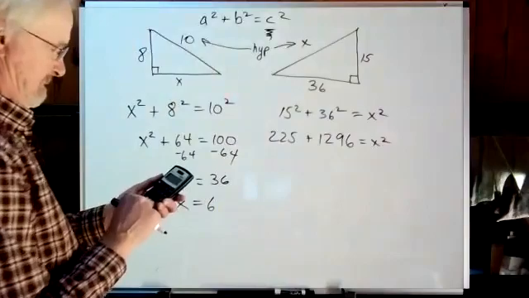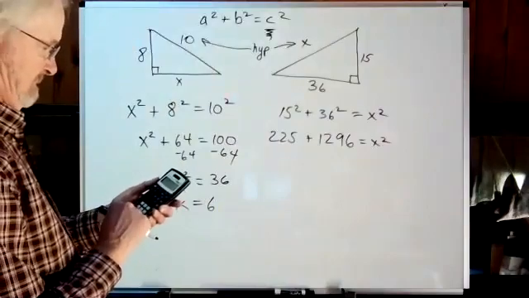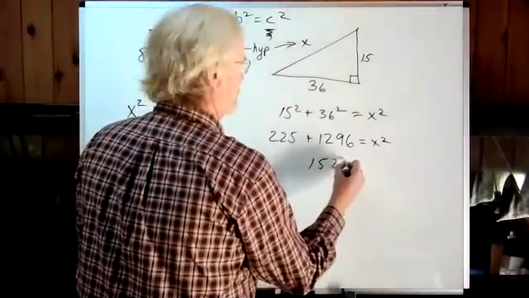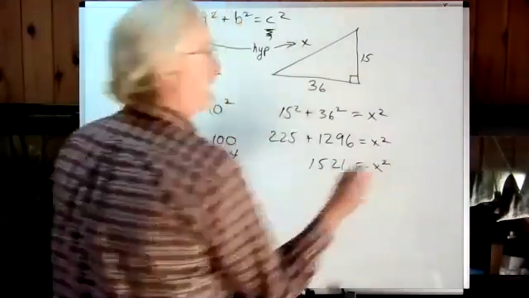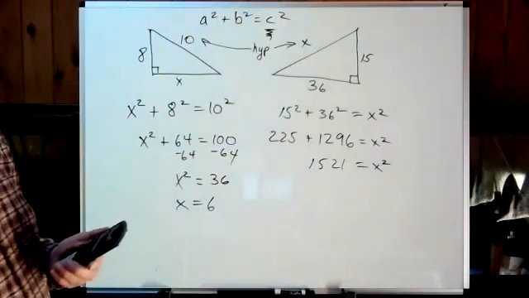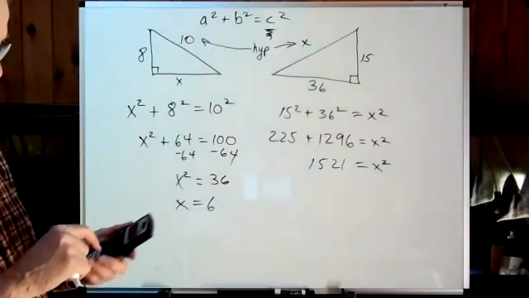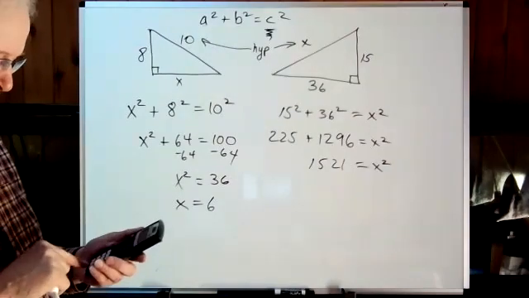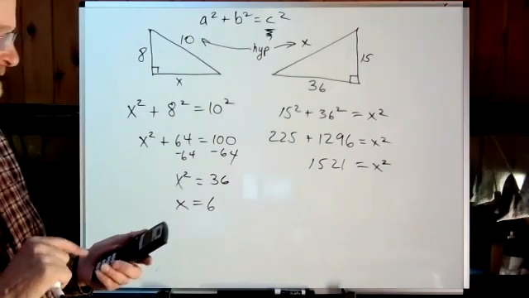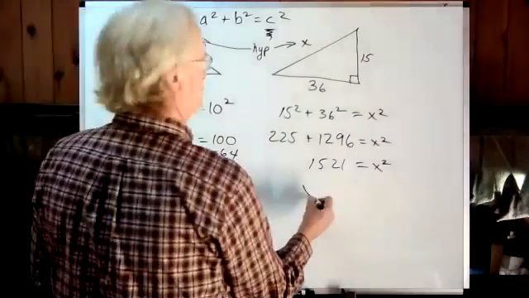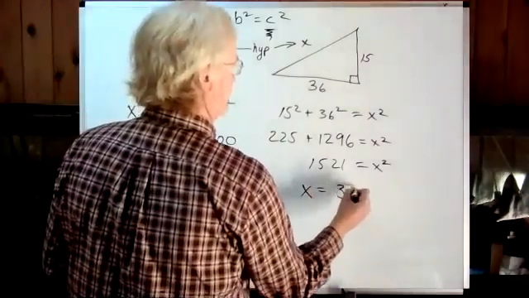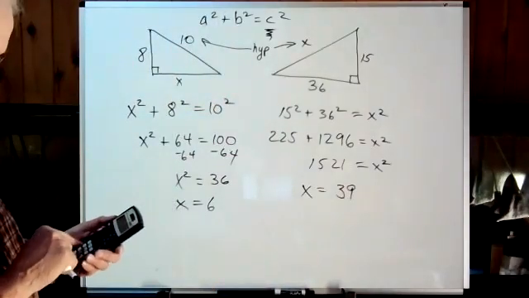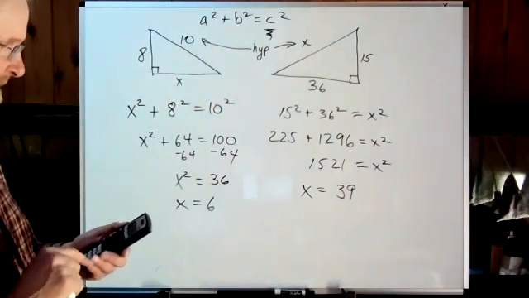So add those together. I got 1521 is the square of my value. I have to square root that number. All right. 39. Yep.